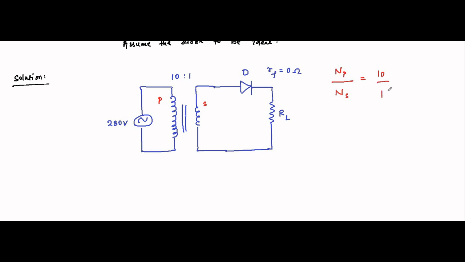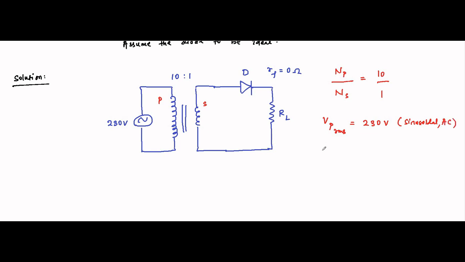Okay, now here at the primary side the RMS value of the voltage is equal to 230 volt, which is sinusoidal, AC.